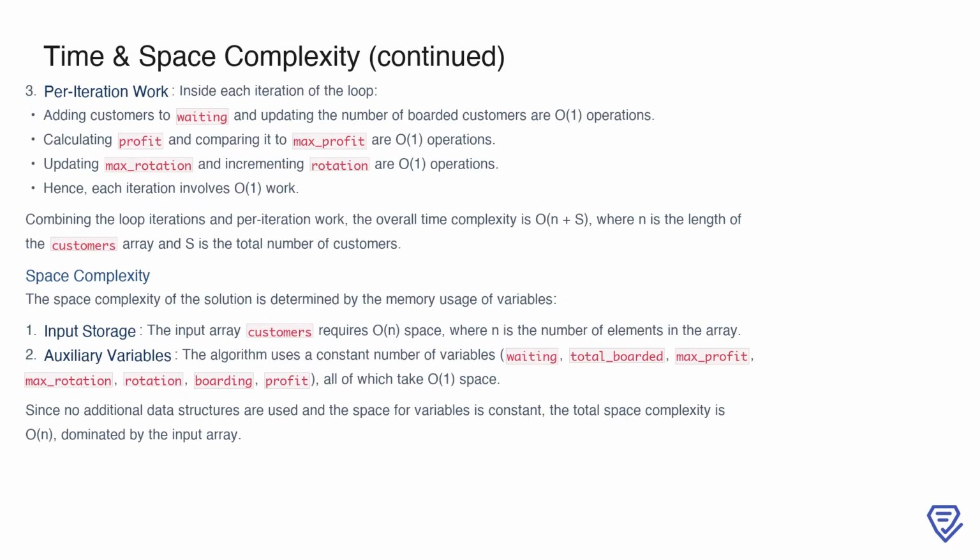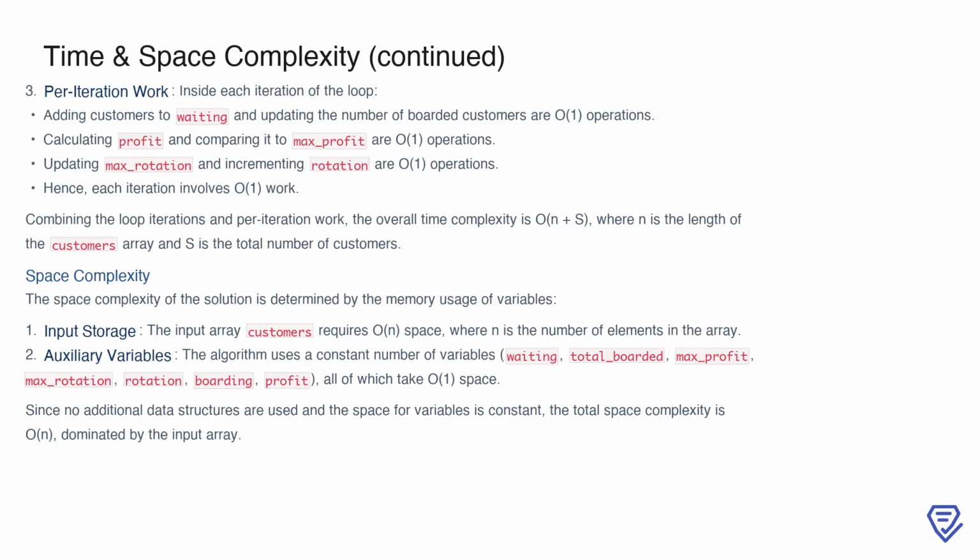Now, let's look at the work done during each iteration of the loop. For every rotation, we add the number of arriving customers to the waiting variable, determine how many can board, and update the count of boarded customers. These operations, along with calculating the profit and checking if it's the maximum seen so far, all take constant time, or O(1).